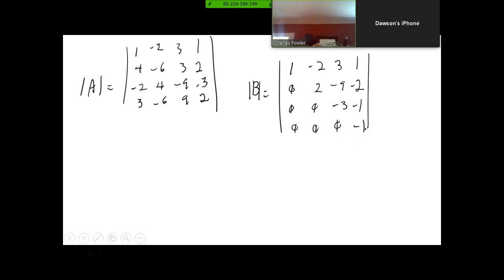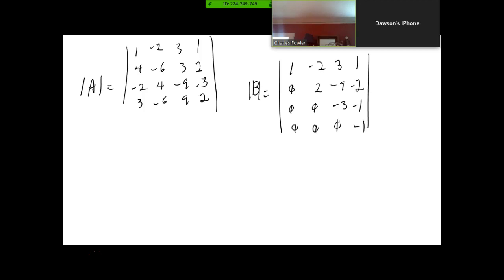Now their question, which of those would be easier to calculate the determinant? B for sure, okay? It's an upper triangular matrix. The determinant is the product of that diagonal, right?